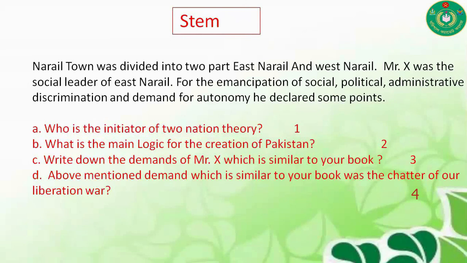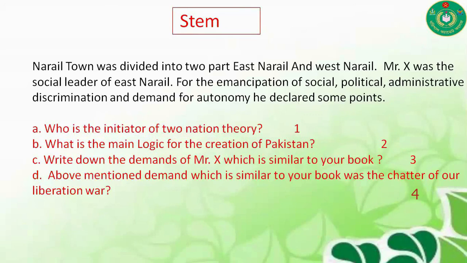B is an understanding question, and we also have two portions, that is knowledge and understanding. C is an application type question, and C has three portions, knowledge, understanding, and application.